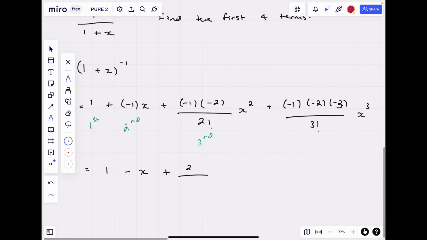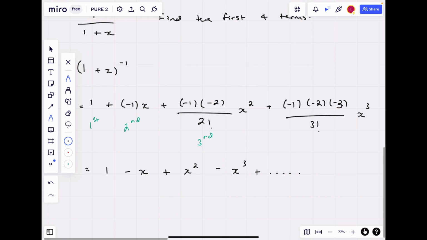So it's like doing 2 divided by 2 times 1, which is the same as just 1, x squared. Minus 1 times minus 2 is 2, times minus 3 is minus 6, over 3 times 2 times 1, which is 6. So this is going to be the same as just minus 1, and then x cubed, plus and so on.